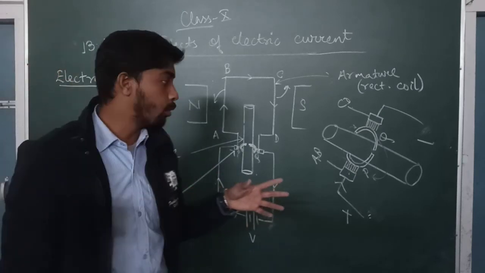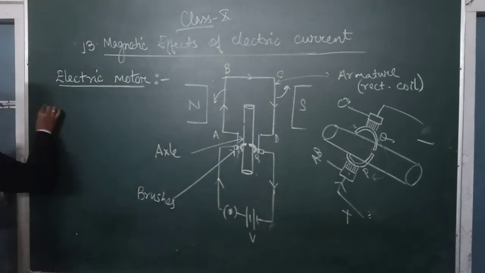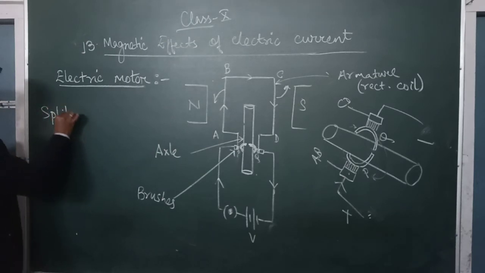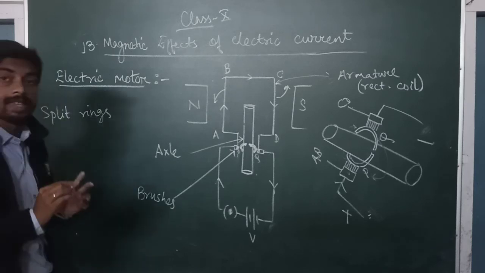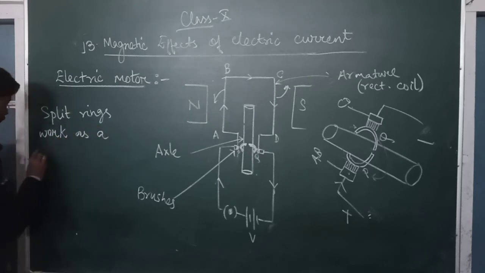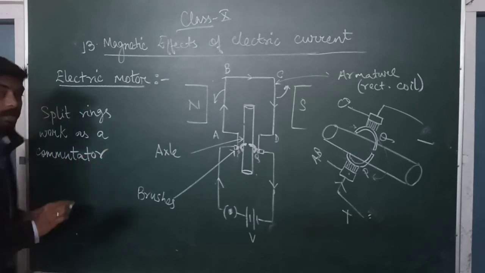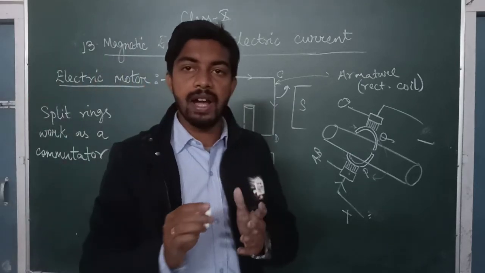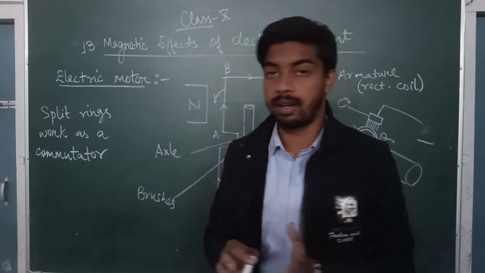And in this electric motor, these split rings P and Q work as a commutator. A commutator means any device which changes the direction of electric current.